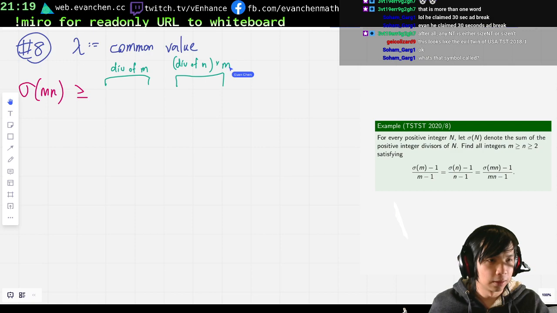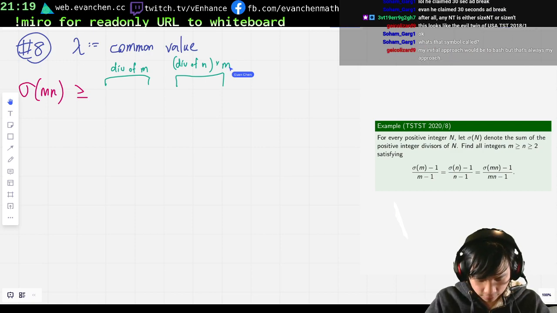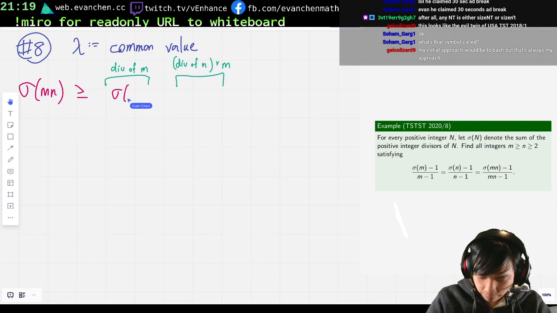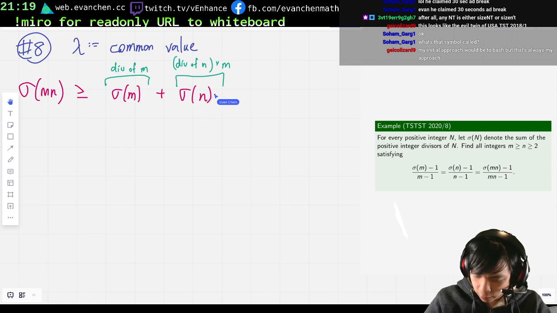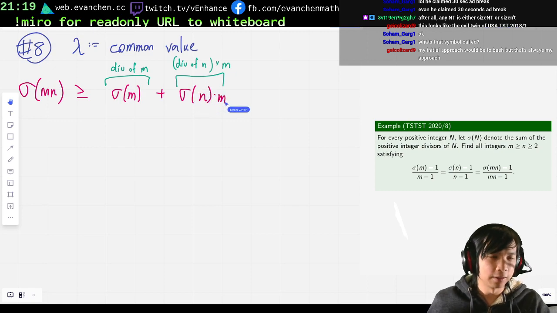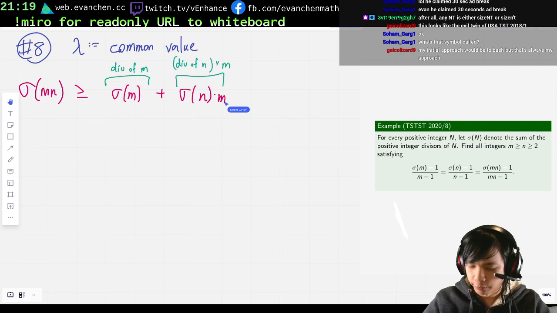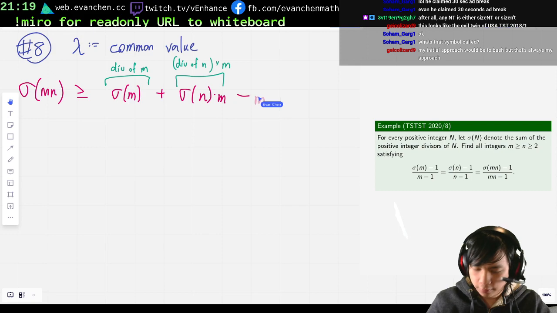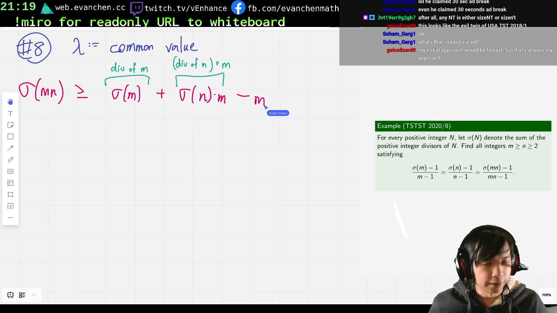That's called a sigma, little sigma. So because of this I get a bound of sigma m plus sigma of n times m. Except this is almost true, except that these two overlap in exactly one number. The number m is always counted twice. So this is a bound that you can write.